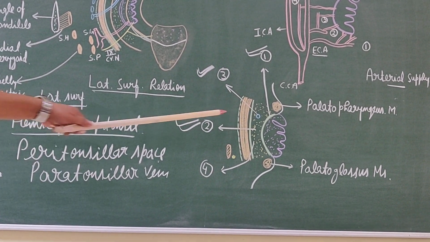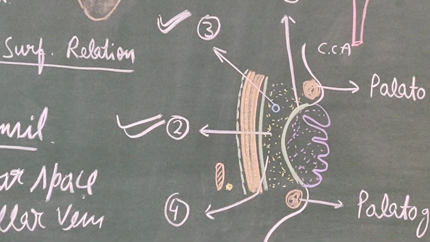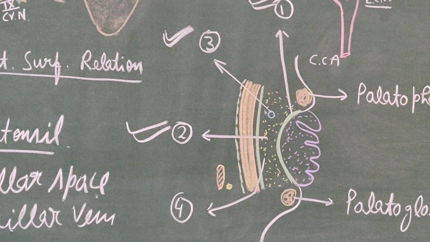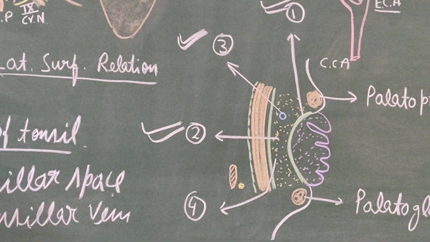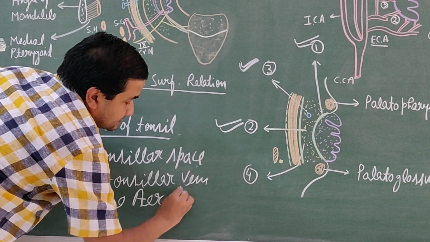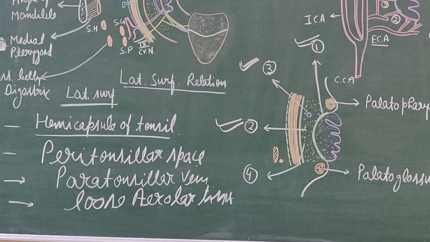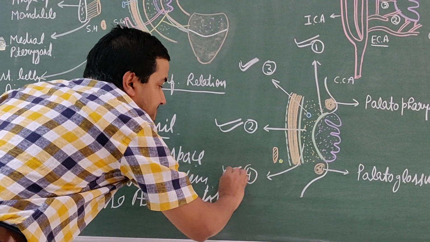Now, along with the paratonsillar veins, this space is filled with loose areolar tissue.